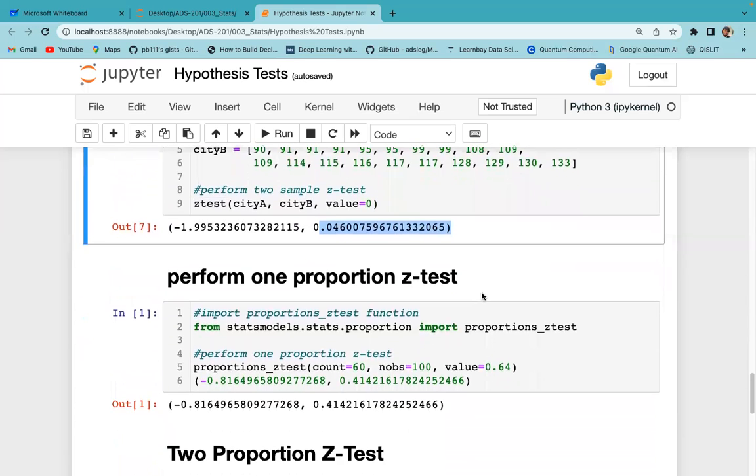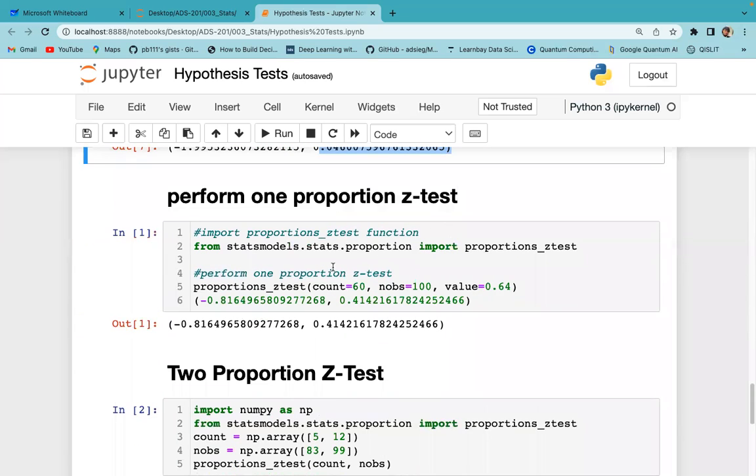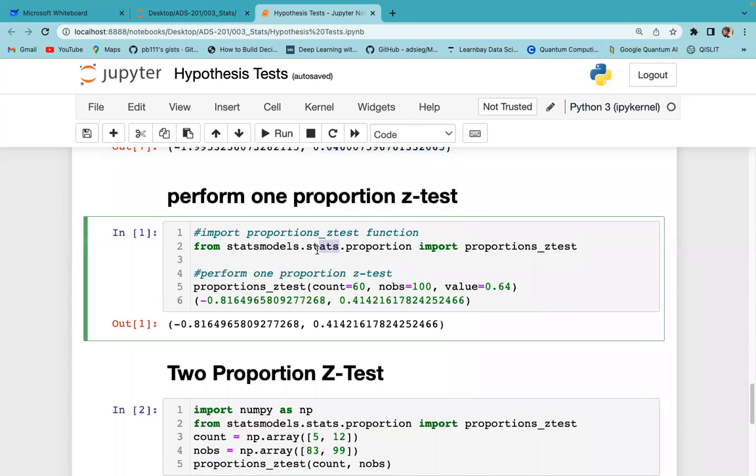For performing the one proportion z test, from statsmodels we have the proportions library. From this we have to import the proportions z test, and there you should provide the count, which is nothing but your success count. How many people are accepting that particular rule, and the total sample.